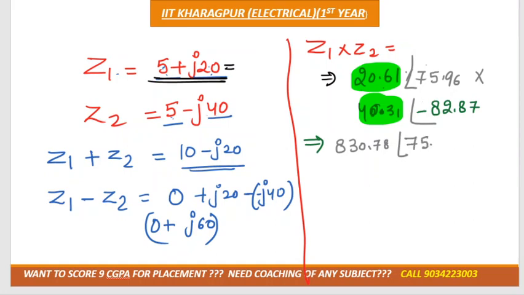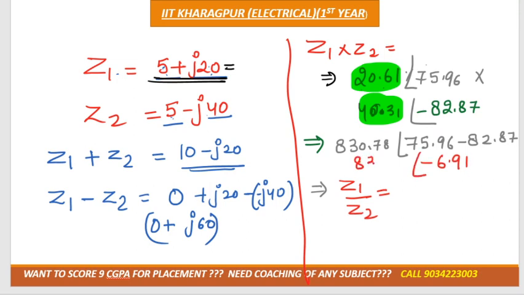So that would be 75.96 minus 82.87. Okay? Negative 6.91. This would be the final answer for multiplication.